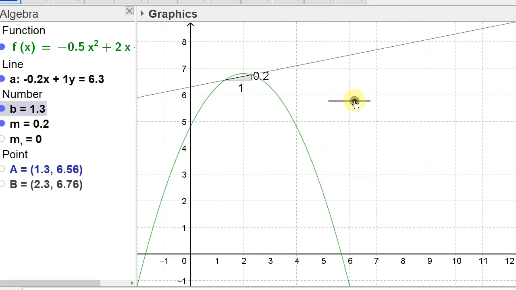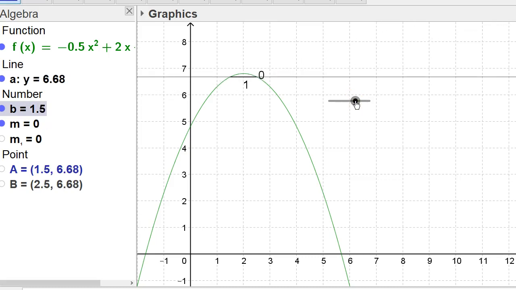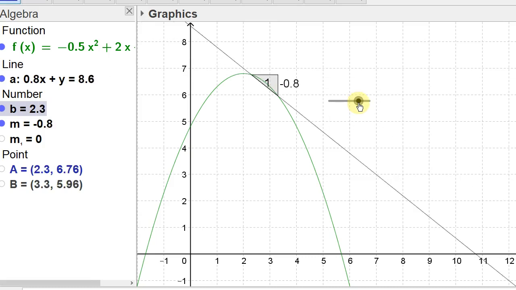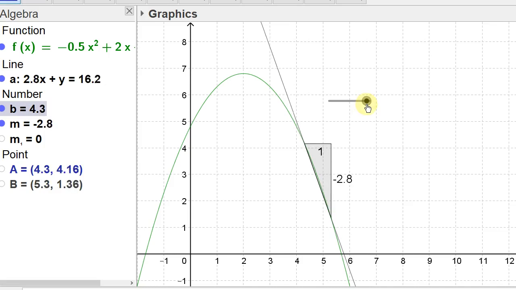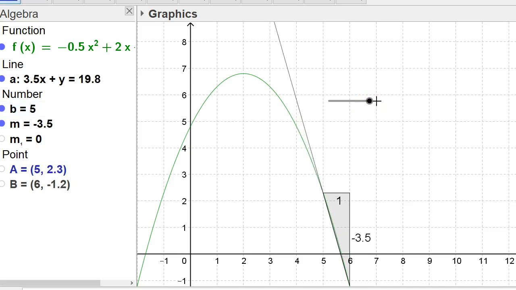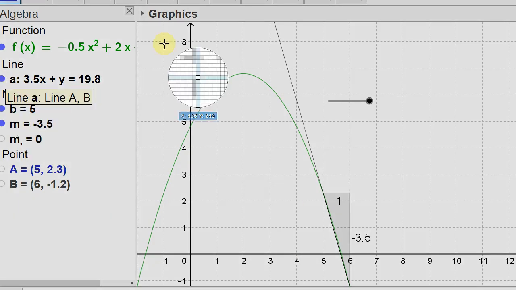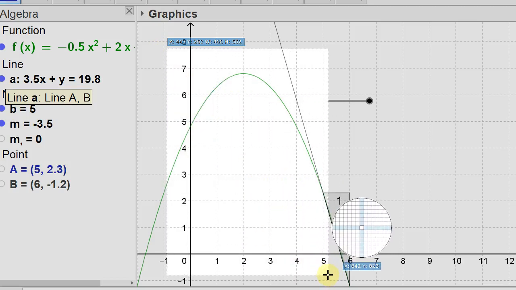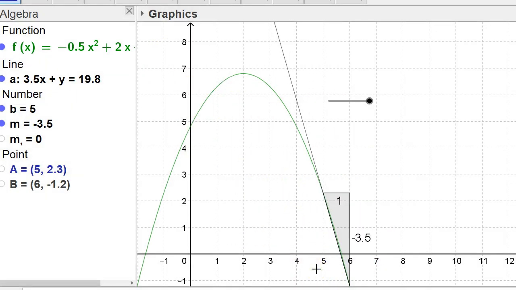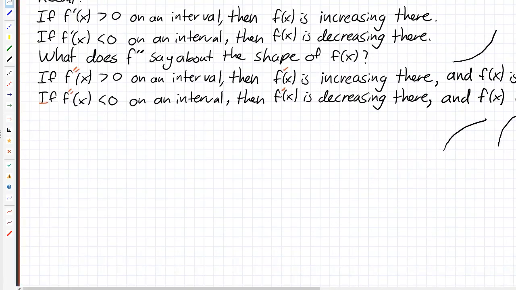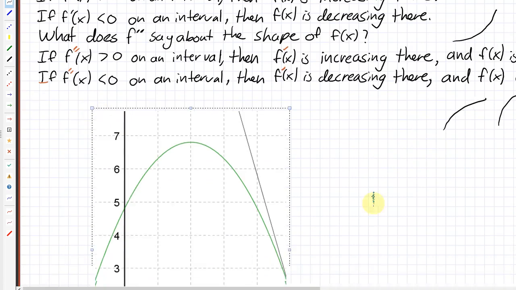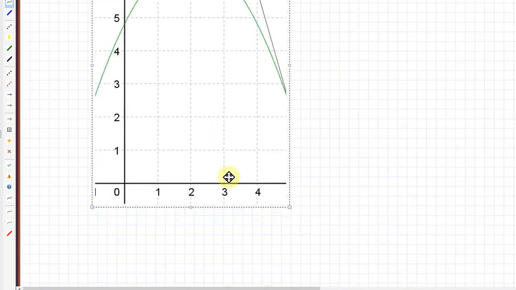And then there's a moment where the slope is 0, and then as you go further to the right, the slope becomes bigger and bigger negative numbers. So you can imagine that if you were going to draw a graph of the derivative of this, which we can do here, let's try to draw the derivative.